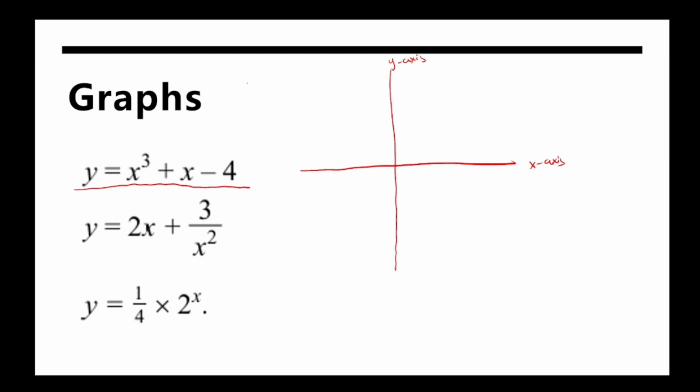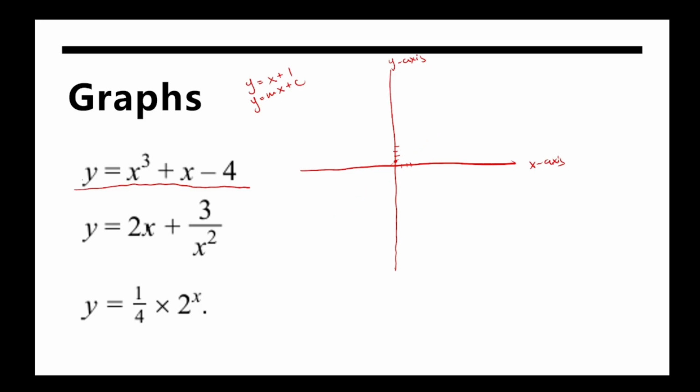Let's do a simple one. y equals x plus 1. So this is a linear equation in the gradient-intercept form, y equals mx plus c. And we know that the y-intercept is c here, and the gradient is 1. So it would be something like this.